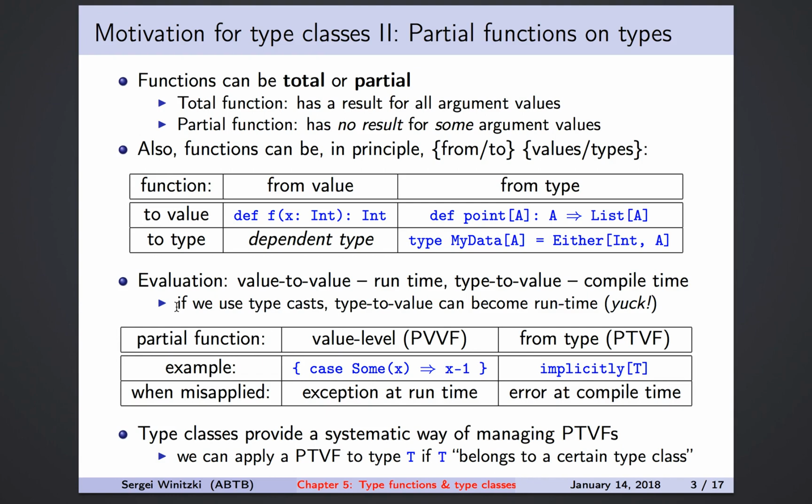One caveat here is that if you use typecasts in the code, then you could make a runtime evaluation based on types. So type to value functions can become runtime, which is a problem because it is possible to have a bug in a type to value or type to type function.